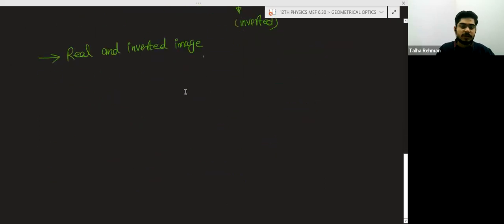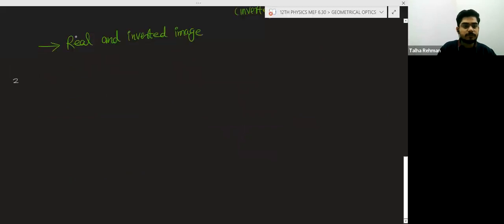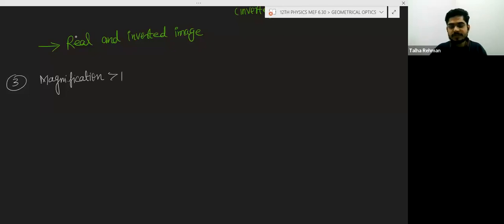Third point, if the magnification is greater than 1. What is the meaning of magnification greater than 1? If I say magnification is equal to -3, will it be greater than 1 or less than 1? That is why we take the modulus of magnification.